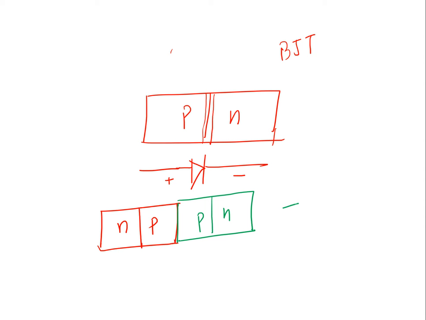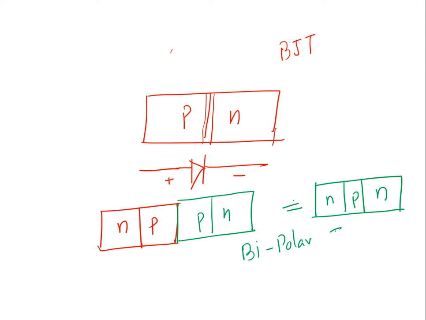If I combine them, I can draw them like this: this is my n, this could be my p, and this could be my n. Now we have two junctions, or bi-junction, bipolar junction.